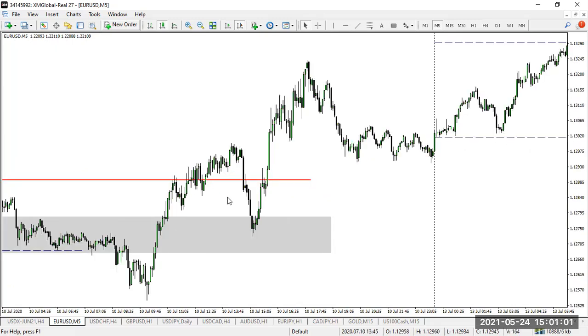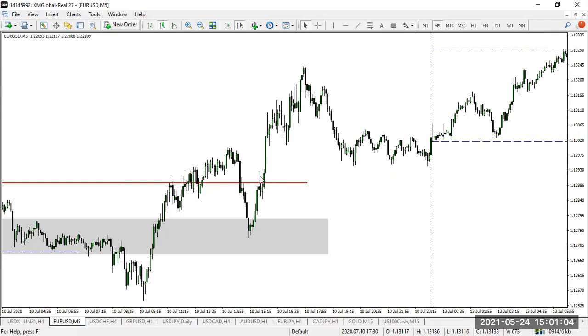So when price came back here, there was no entry here. There was no entry. Sometimes there's no entry.